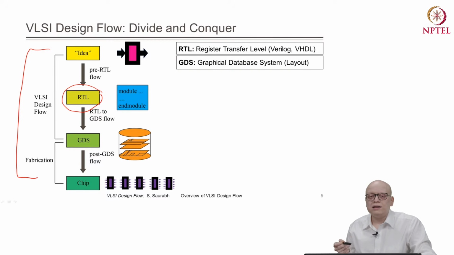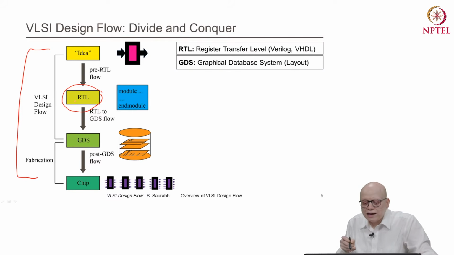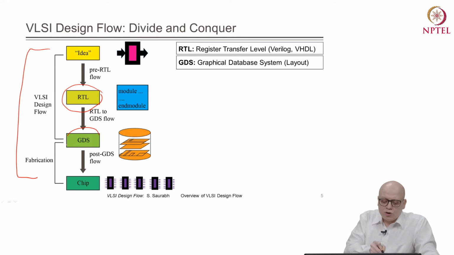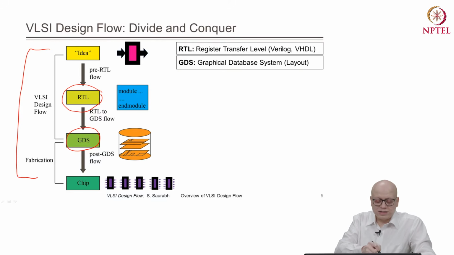It is typically written in Verilog or VHDL language, and then we take this RTL and it goes through the design process, and finally we get a layout which we say is in the form of graphical database system, and that is representing a layout.